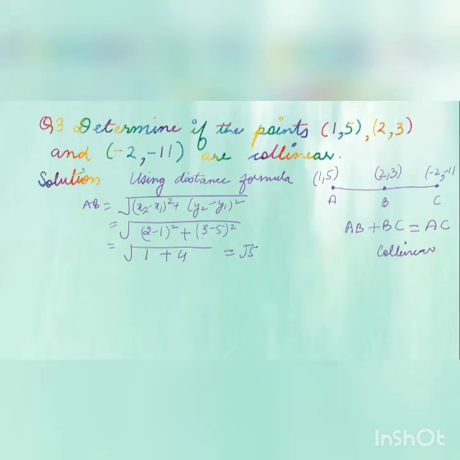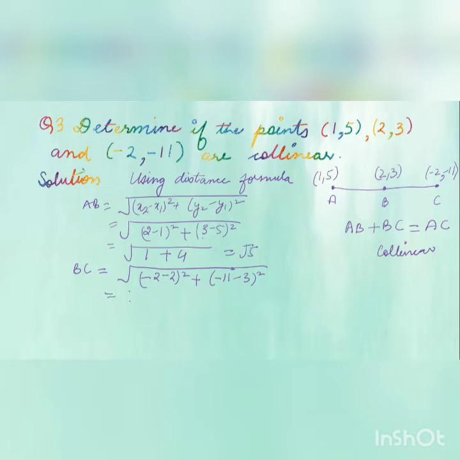Now BC. BC will be (-2 minus 2) square plus (-11 minus 3) square.